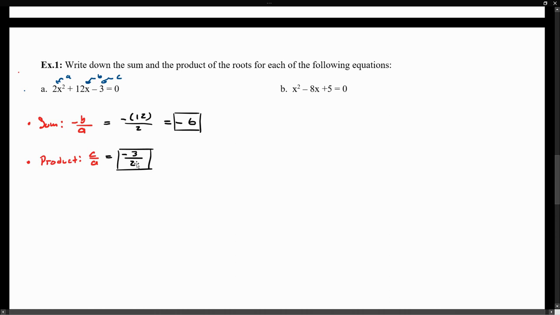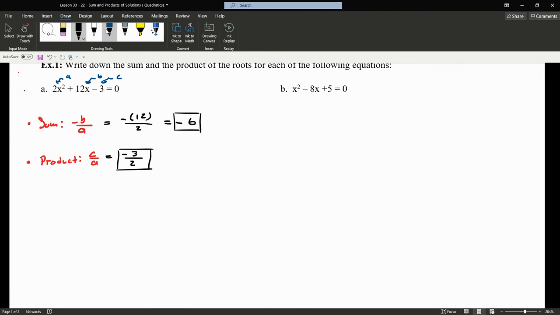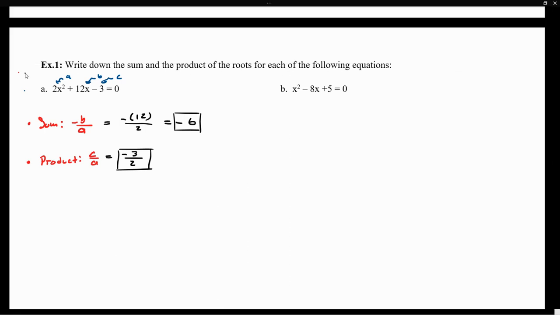We're not stating what are the solutions. We're just stating two properties of those solutions.